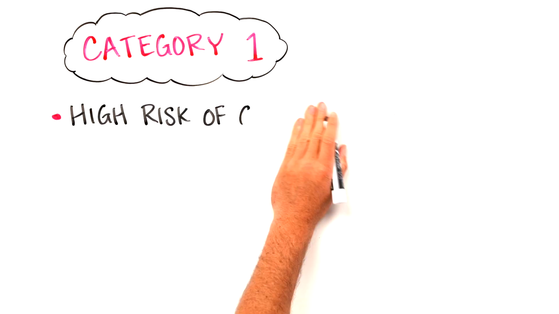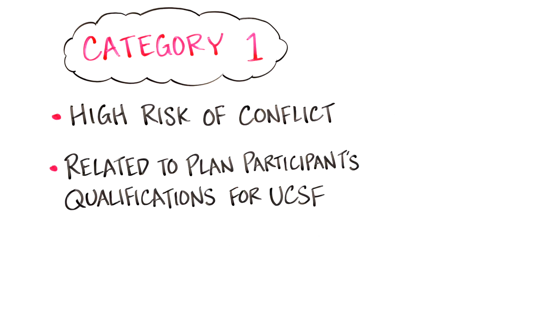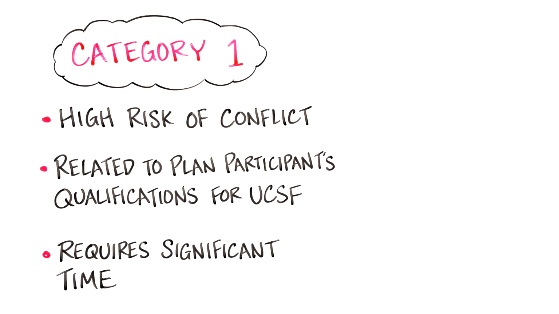Category 1 activities have the highest risk of conflict of commitment because they are related to the plan participant's qualification for UCSF appointment, but performed outside of UCSF and/or require significant time.